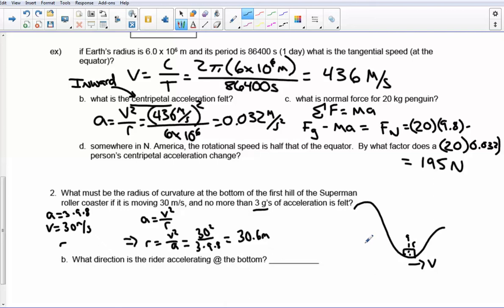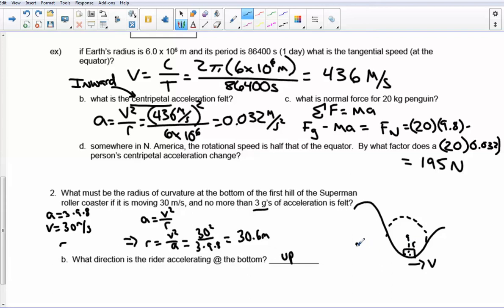Now, if I talk more about the direction of the net force and the acceleration, at the bottom of the hill we must have an acceleration that is up, directed towards the center of the circle. If we imagine a circle like this, the inward acceleration is up.